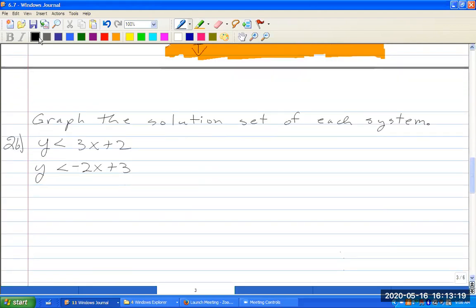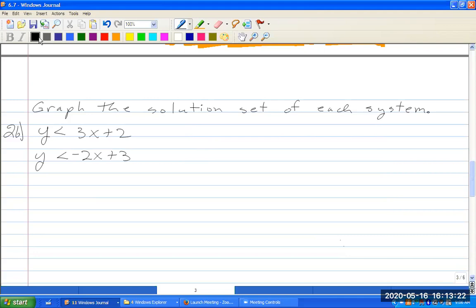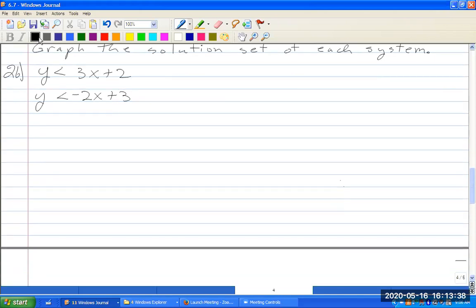Okay, so now let's do problem number 26. In this case, it's a system of inequalities. I want to graph the solution set of each system. First off, for y less than 3x plus 2, this is already in standard form.